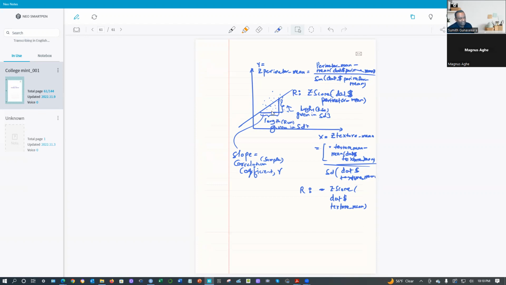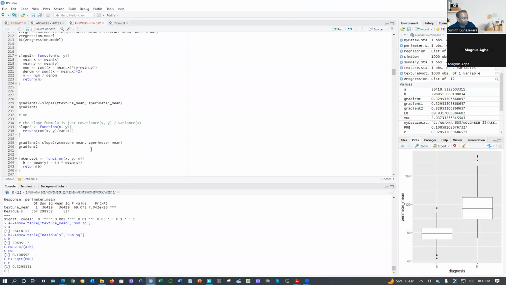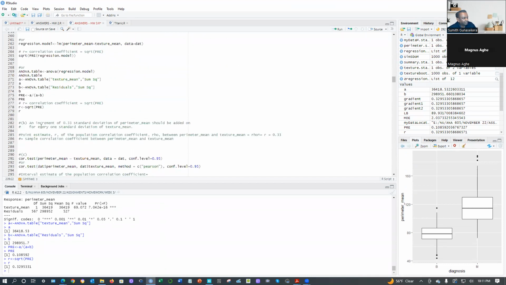If you increase by one standard deviation on one variable, how many standard deviations go up on the other is called the correlation coefficient. That's another way to explain that one. That's why we wrote it like that, for you to learn in different ways.